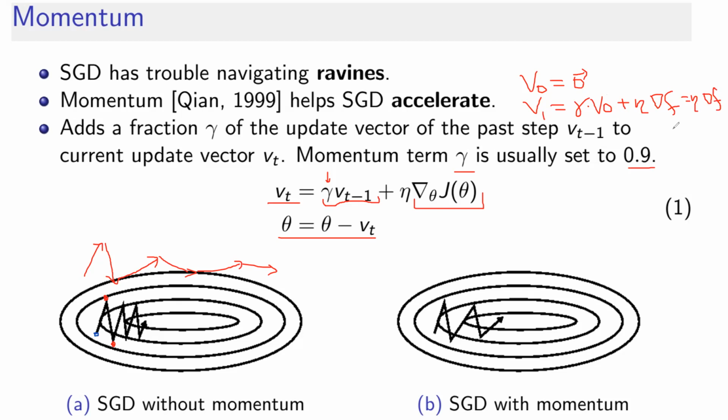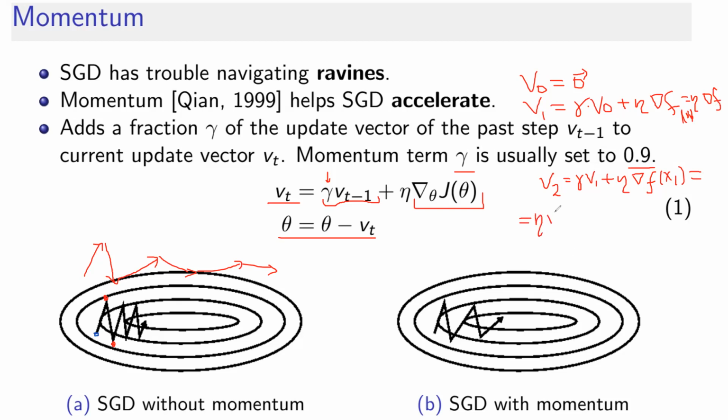Okay, so this is like in simple gradient descent. But what will change in v2? In v2, we will use gamma v1 plus eta times the gradient of the function at point x1. The previous was at point x0, and now it is at point x1. This gamma is multiplied by v1, which is not 0.